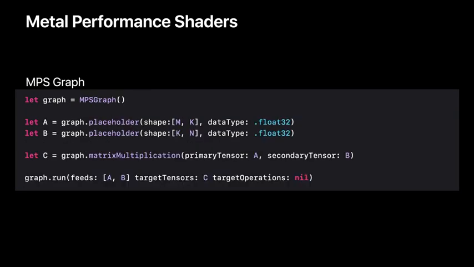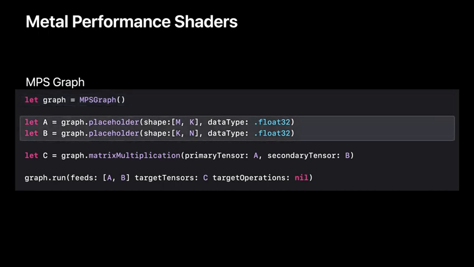MPS Graph allows you to take these basic kernels and build complex machine learning networks with them. As an example, let's look at how the matrix multiplication kernel from earlier can be used in the graph. Here we'll initialize a new graph for our operation. Then we define nodes to represent our 2 input matrices.